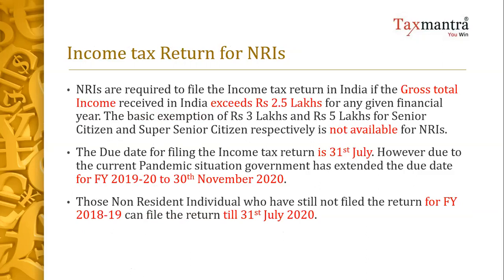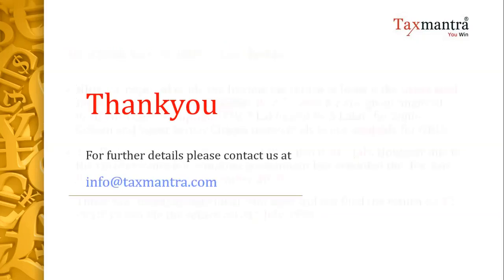So this is to clarify that the basic exemption limit of 2.5 lakh is applicable to all non-resident individuals. The exemption limits of 3 lakhs and 5 lakhs for senior citizens and super senior citizens respectively are not available for non-resident individuals. They are applicable only for resident individuals.